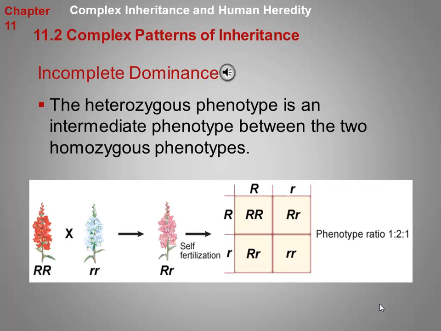Because the red flower does not completely dominate over the white flower, you end up with a pink flower. So this is what we call incomplete dominance, where one gene does not completely dominate over the other, and the heterozygous condition will result in a whole new phenotype. That is one form of complex inheritance.